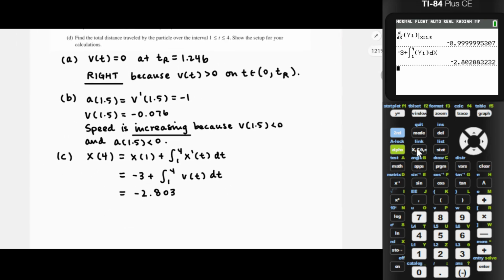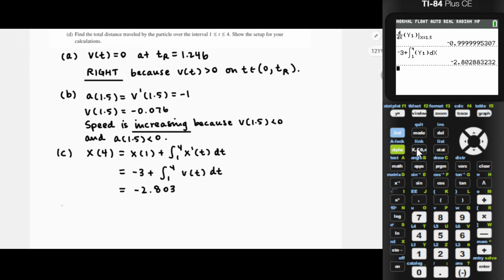Okay, then part D is going to be find the total distance traveled by the object. Remember total distance is going to be the integral. They asked for time 1 to time 4. The integral of the absolute value of velocity, the integral of speed, v of t dt.